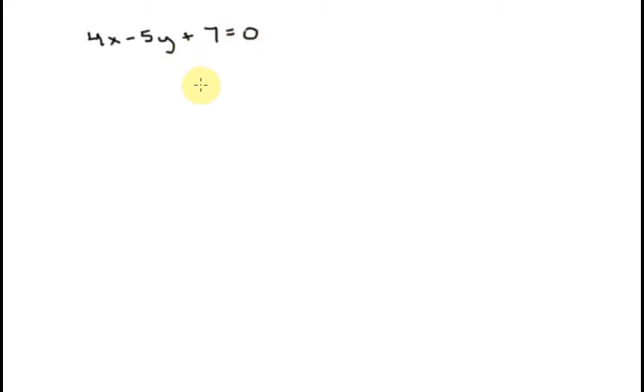So we got one equation in general form, and then the other equation is y plus 3 equals 4/5 x minus 9. So this one's in slope-point form.